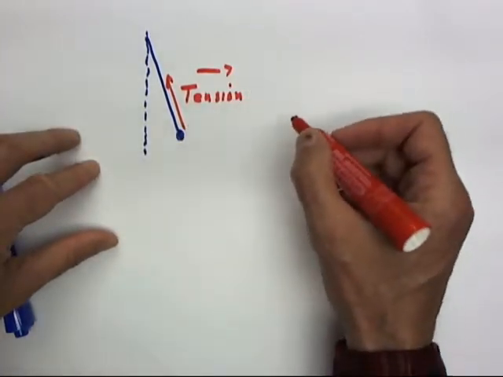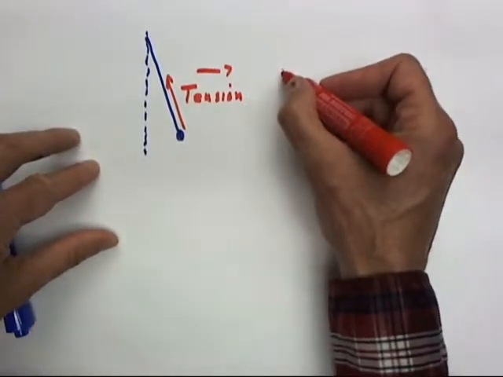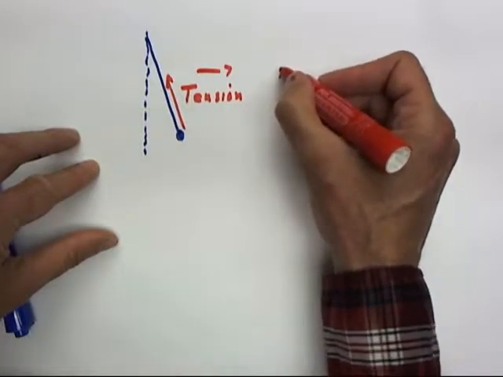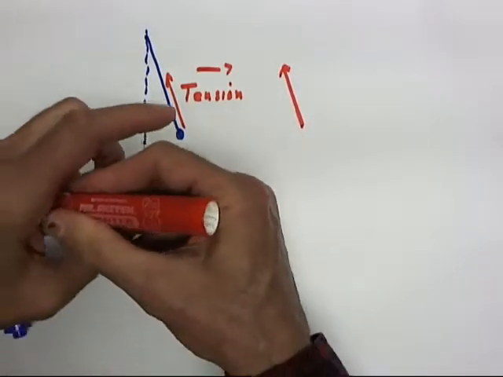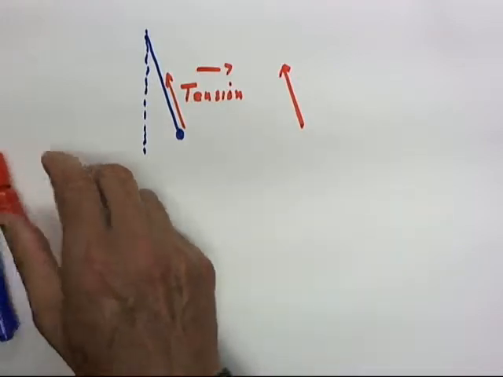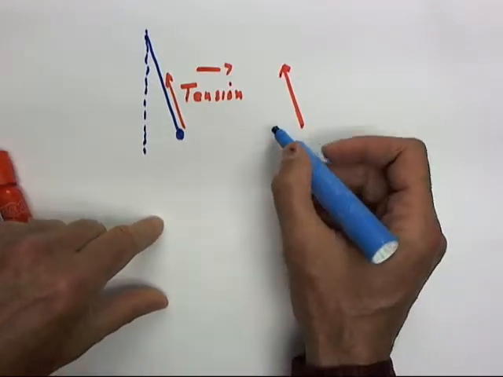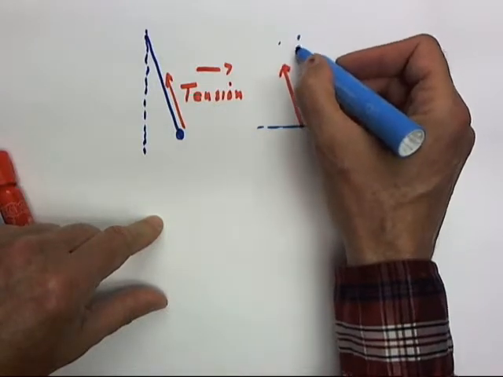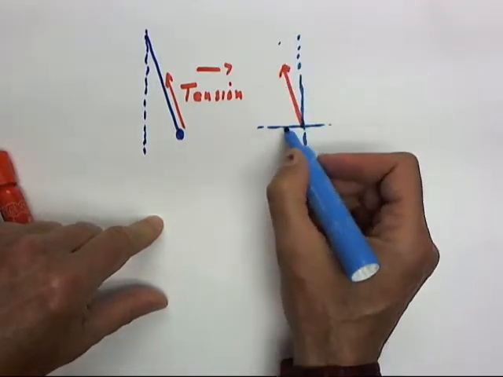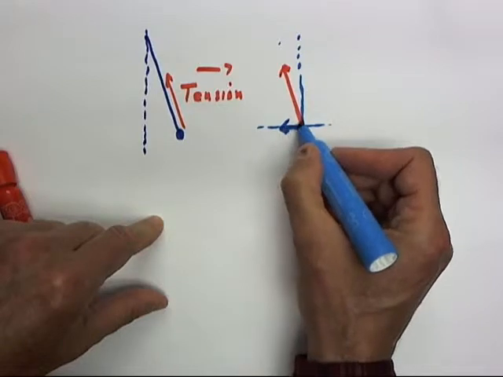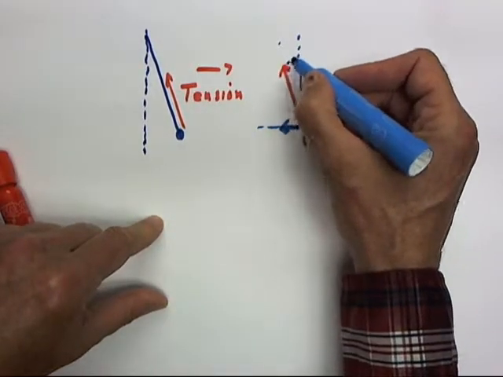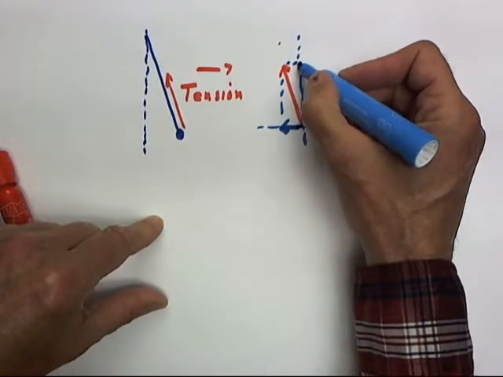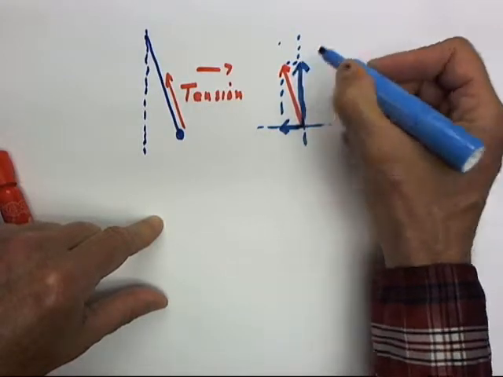Now, if we look at that tension vector over here all by itself, it's easy to see that this tension vector has a component in the horizontal direction and a component in the vertical direction.